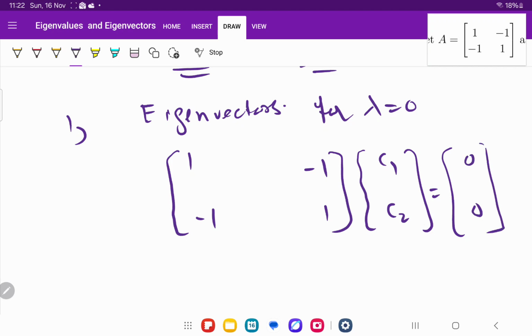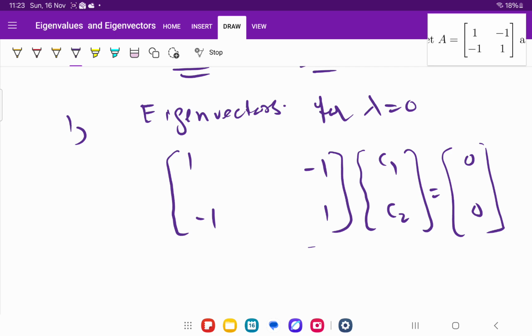So that is the way we find the eigenvector. We have written this matrix by putting the value of lambda inside. Since lambda is 0, the matrix remains the same, times C1, C2, equal to 0.